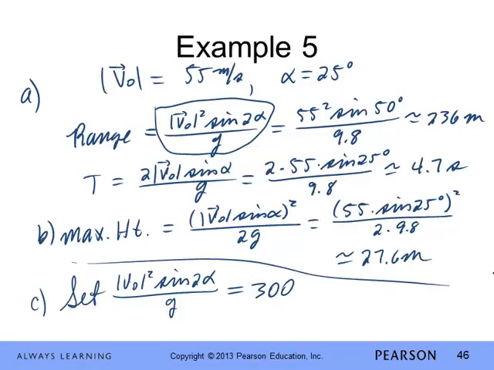And now you have the initial speed already at 55, and you know what g is, so all you need to do is solve for alpha. Okay? Which I know you know how to do because you all passed the trigonometry class or pre-calculus class. So all you need to do is solve for alpha.